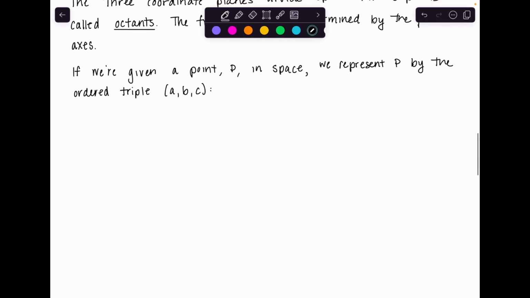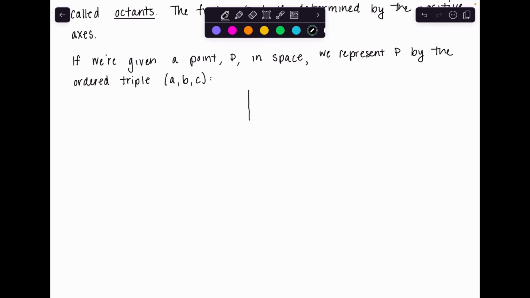So the way I'm going to go ahead and graph this is I'm just going to worry about the positive components, and I'm going to just assume A, B, and C are positive numbers. Again, just to make my life a little bit easier.